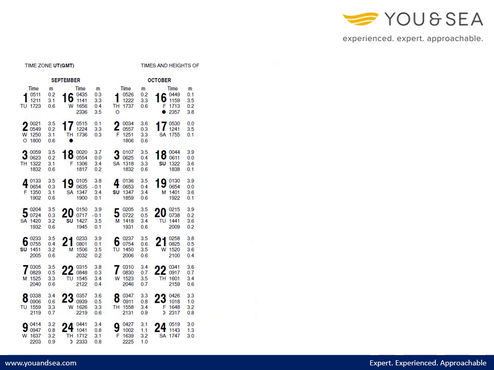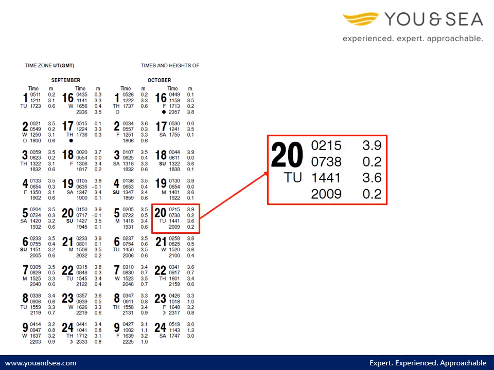To actually work out the calculation, firstly, we need the information for that day. So the 20th of October, and we can see we have our information there. We keep this as UT, so we do not add the hour on until we've done the secondary port calculation.